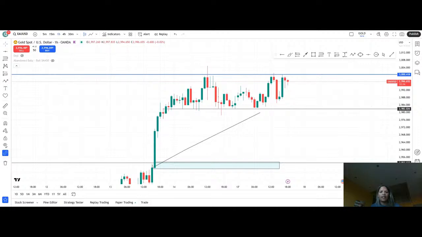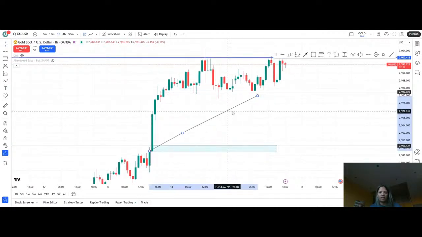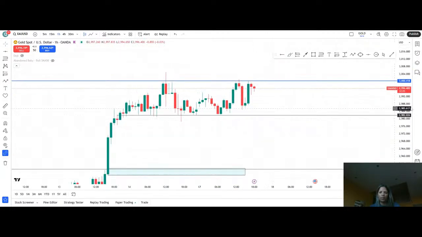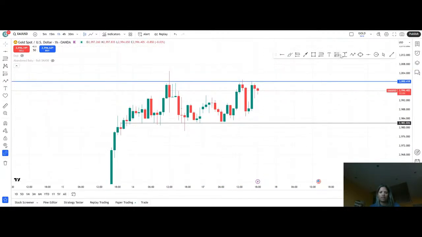And we are expecting price to come back to this area here because that's also where it broke out. And we can see on the higher time frames that price tested the 3,000 price level. You can see the 3,000 price level three times now.